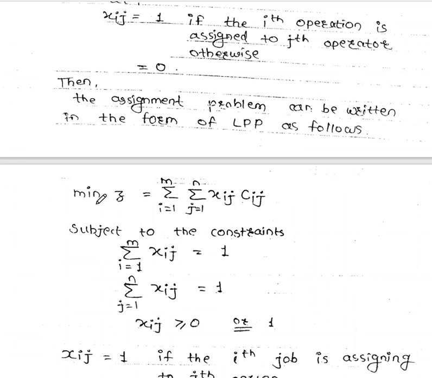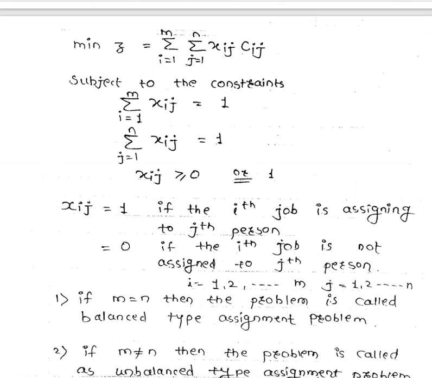and it is written as minimum Z equals summation i equal to 1 to m, summation j equal to 1 to n, xij into Cij. And the constraints of this objective function are summation i equal to 1 to m xij equal to 1, and summation j equal to 1 to n xij equal to 1, with the non-negativity restriction xij greater than or equal to 0 or 1.